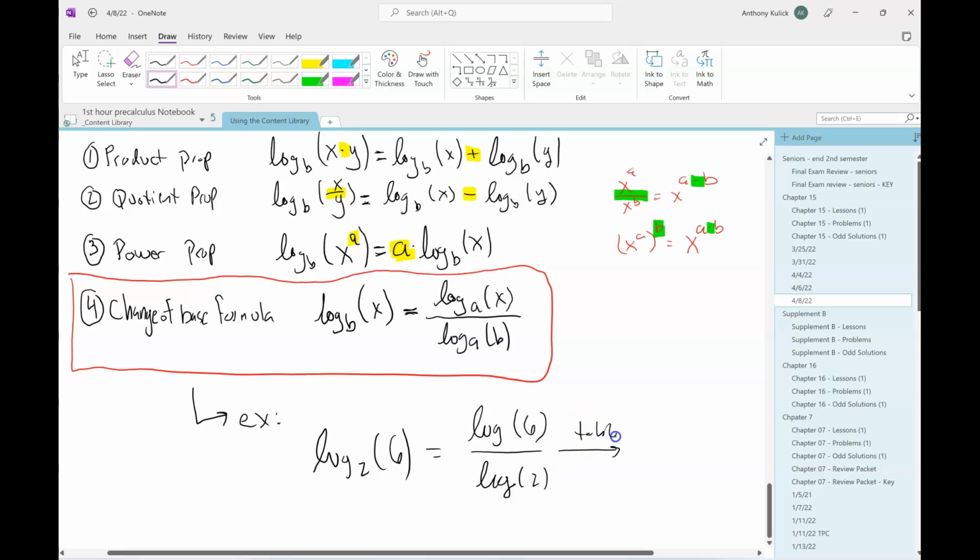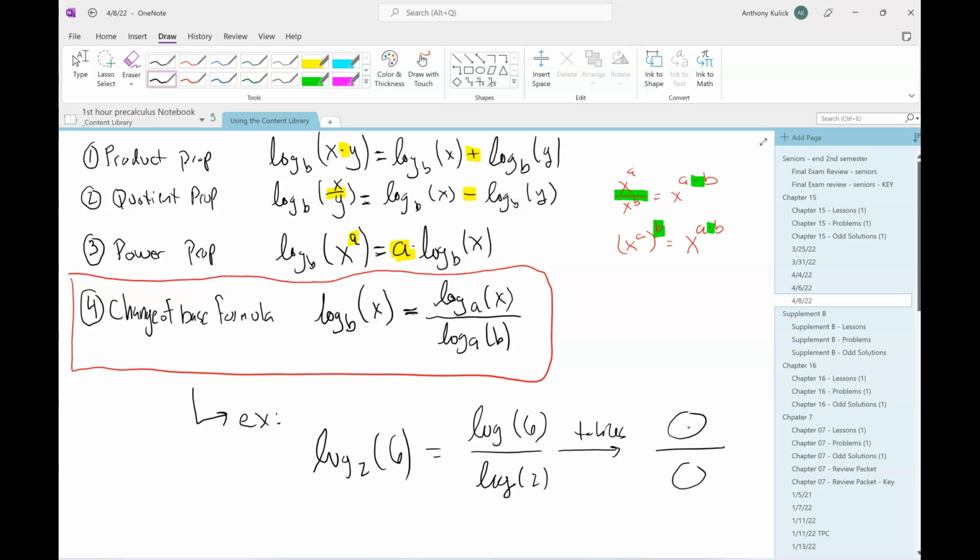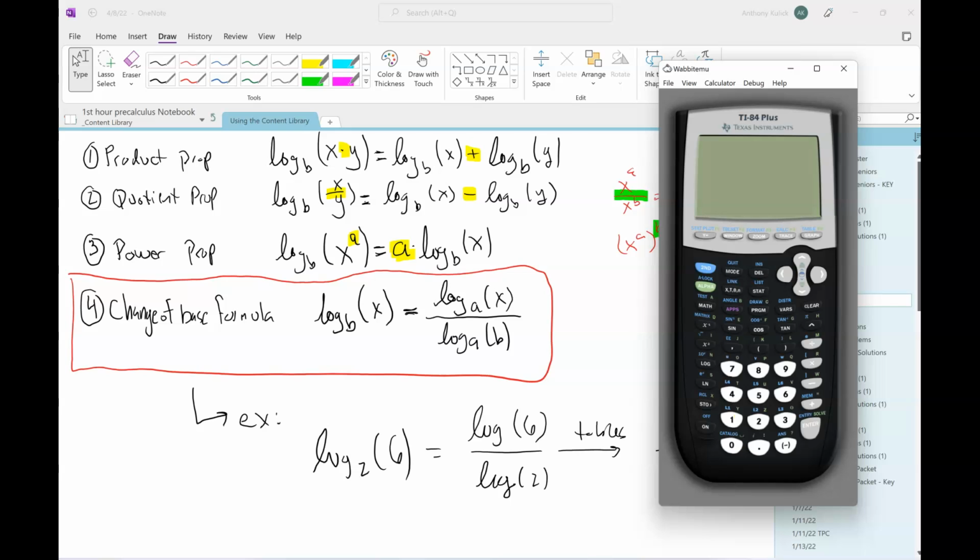I go to my tables and I look up the value for this one and I look up the value for that one, and then that's the division that I can do on my 4-function calculator. Now you guys, this is much less important to you because you can type in log base 2 of 6 onto your calculator directly, right? We talked about that last time. How did we do that last time? Do you remember where that is?